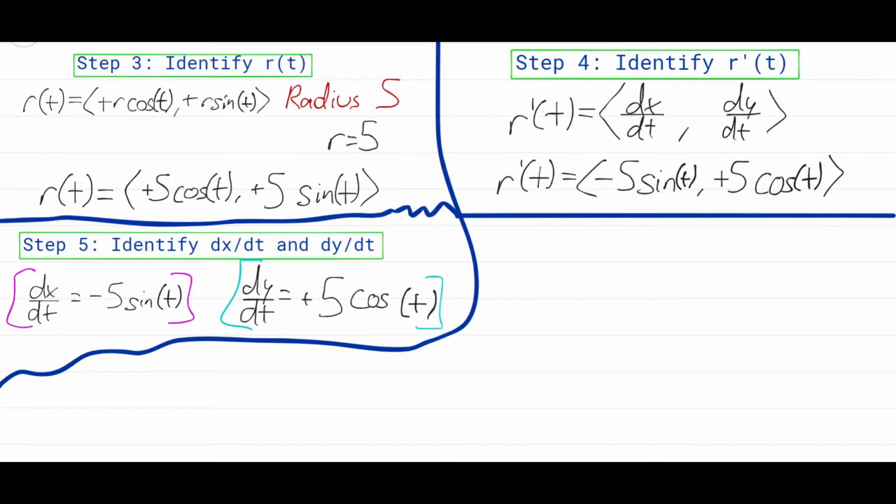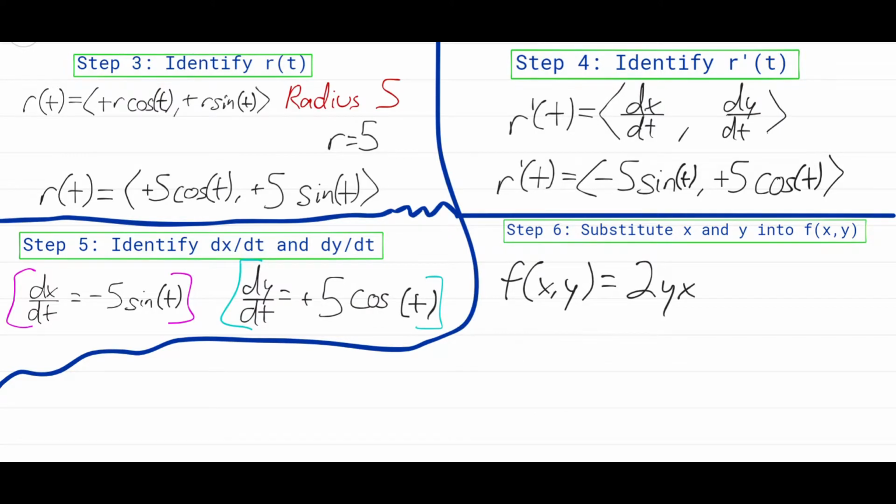Now that we've identified that, what we're basically doing is setting up a line integral by getting all the variables in terms of t, so that we can integrate with respect to dt. For step 6, we're going to substitute x and y into f of x, y, because our function is given in terms of x and y. Our function was 2y times x squared minus 4x.